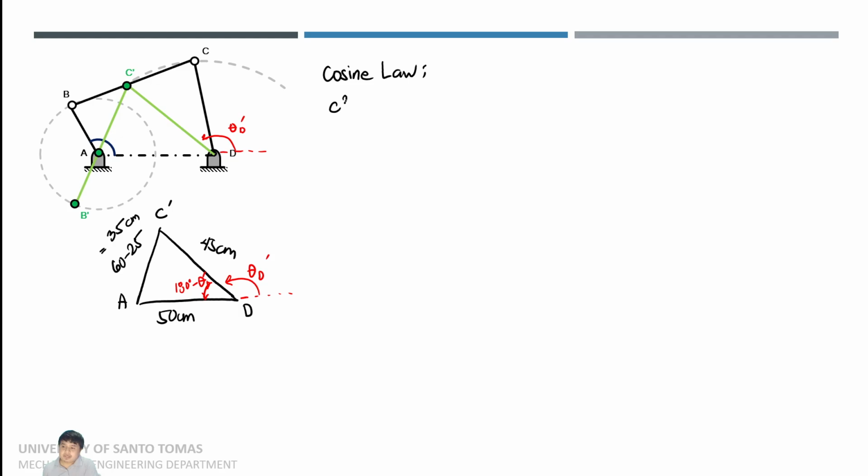The cosine law basically means c squared is equal to a squared plus b squared minus 2ab cosine capital C. If you are given three sides A, B, and C, you can find the angle C, which is opposite of this side. The opposite side here is 35, since we are trying to find this angle.